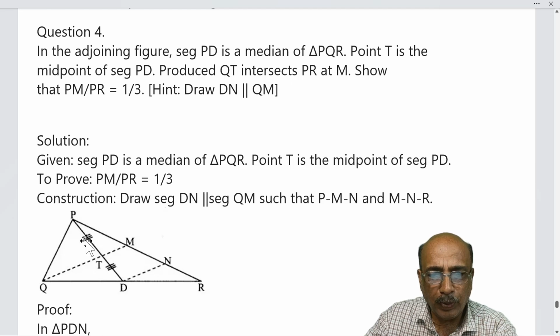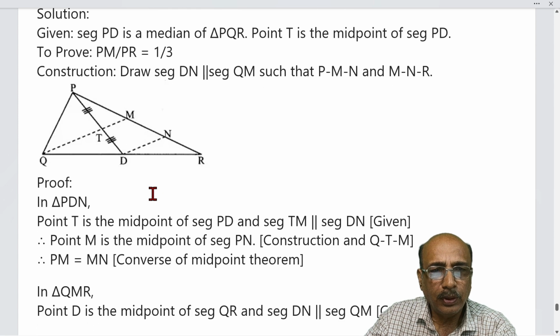Produce QT to intersect PR at M. Show that PM to PR equals 1 by 3. This is 1 unit and this complete is 3 units. The hint is already given here: draw DN parallel to QM.